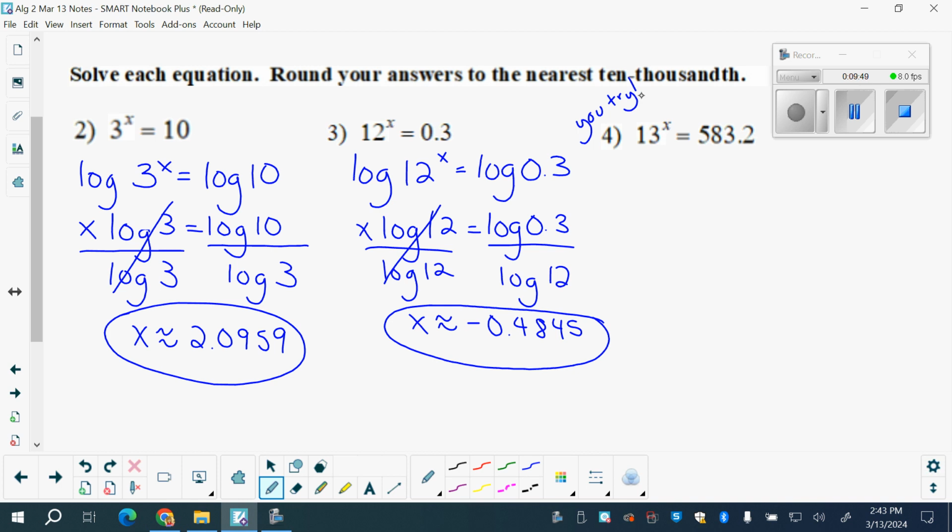You put this in the calculator: log of 0.3 divided by log of 12. You have to do divide, just like it shows as written.